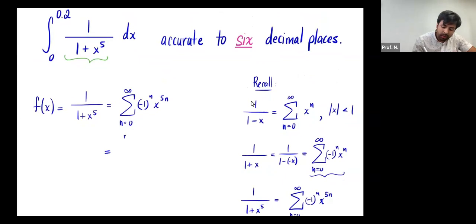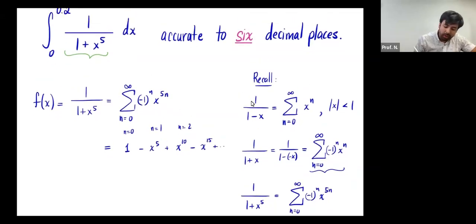When n equals 0, we have 1 as our first term. When n equals 1, we have this alternating thing happening, and we have x to the 5th power. Then when n equals 2, x to the 10th power, and so on, x to the 15th power, plus or minus, right?